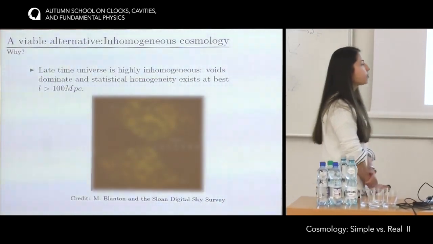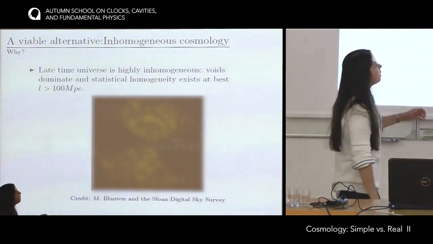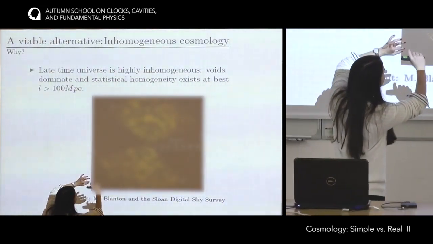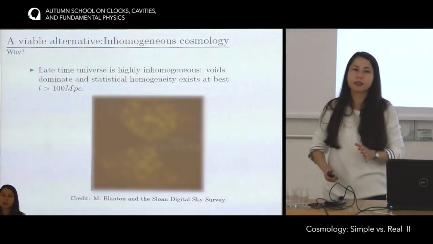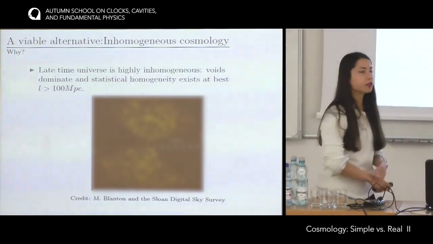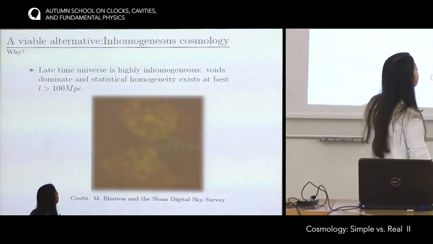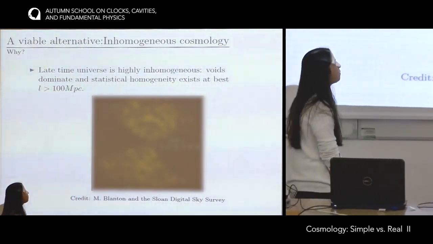So this is the actual data from the Sloan Digital Sky Survey. You can see these black regions. Those are data that are contaminated by our galaxy, because there is some contamination due to our own Milky Way, so we get rid of this data. And the redshift goes to 0.14.